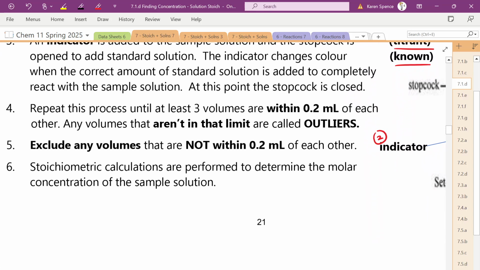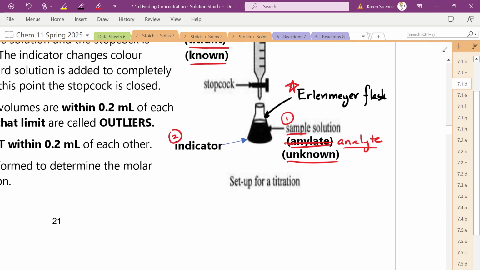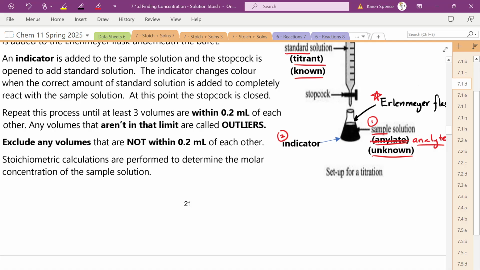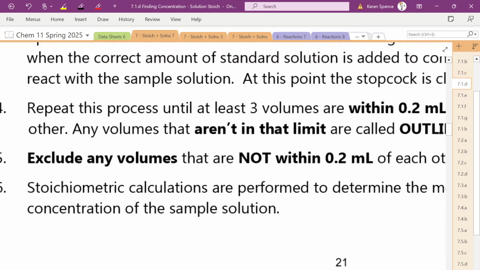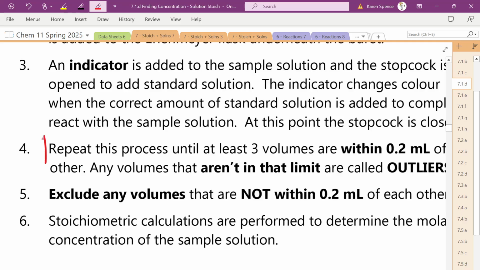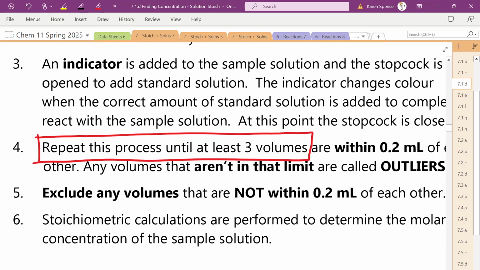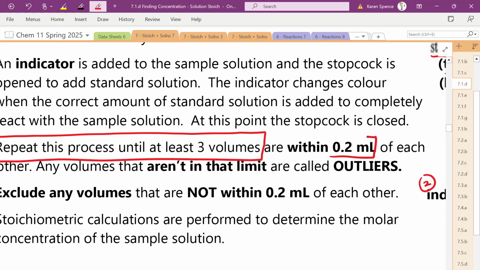Okay, so drip, drip, drip, drip, drip. See the color change? Ooh, la, it's done. Okay. And then we do our stoichiometric calculations. We are going to repeat this process. At least 3 volumes are within 0.2 milliliters of each other.